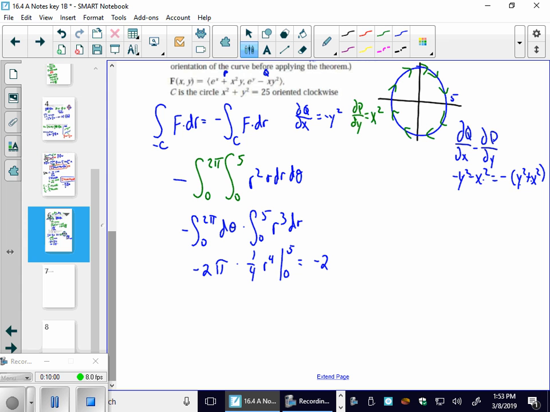So that's going to give me negative 2 pi times, let's see, 5 to the 4th is 625 over 4. That 2 out front is going to simplify with the 4, so we're going to get negative 625 pi over 2.